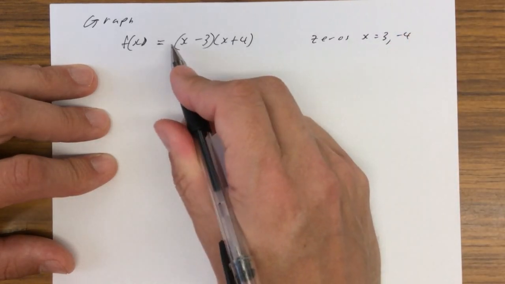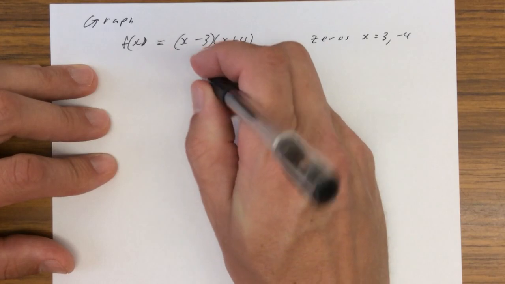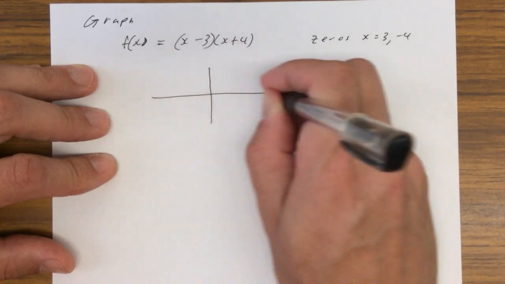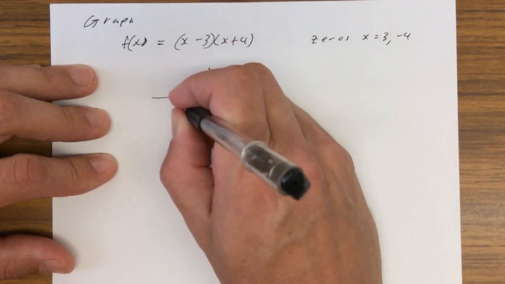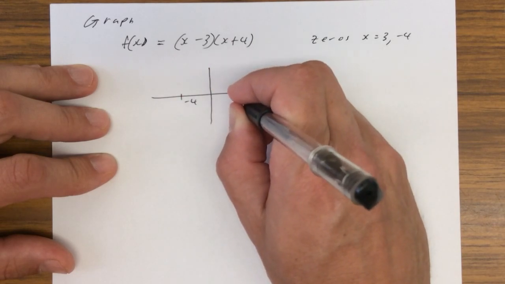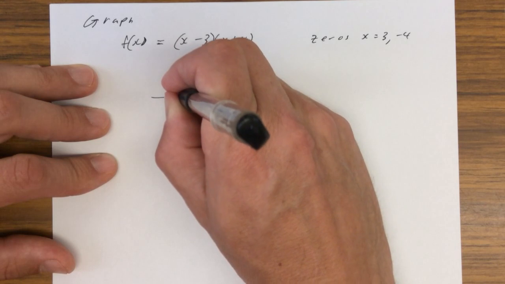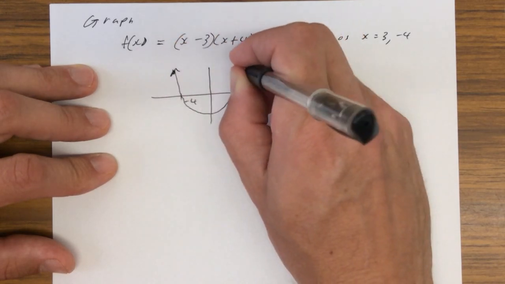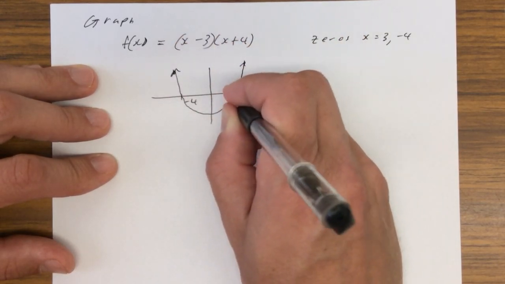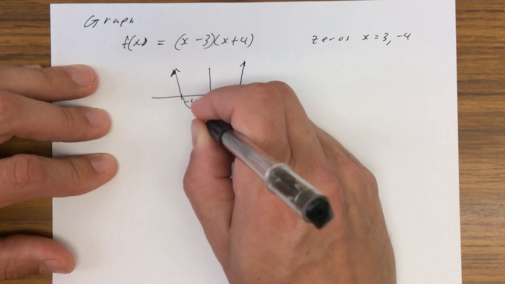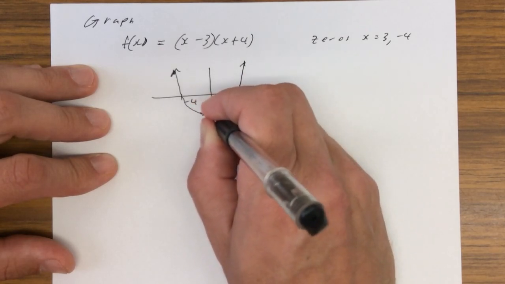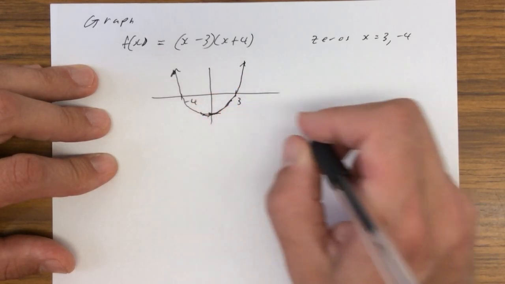Okay? We know it opens up because the a value is positive. So negative 4 and 3, and it's a parabola that goes like this. And we also know that the vertex is over here somewhere. But we can figure out the y-intercept.